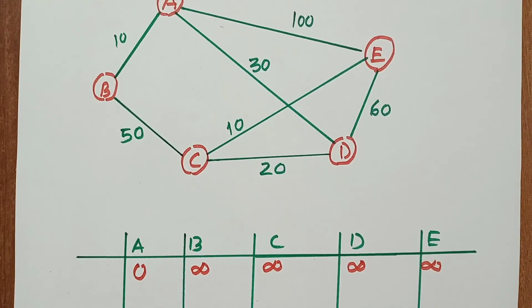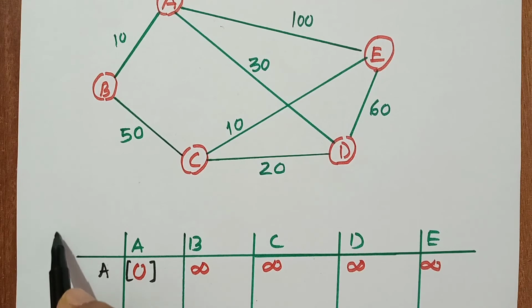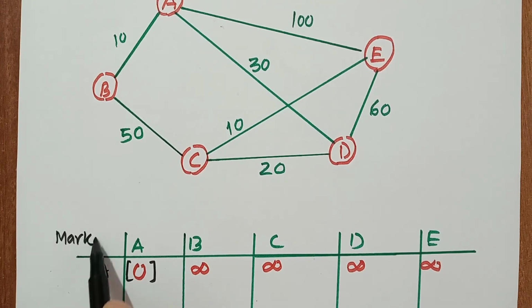Now what is the smallest value? So smallest value is 0. So you mark this and you write here A, because this is marked vertex.